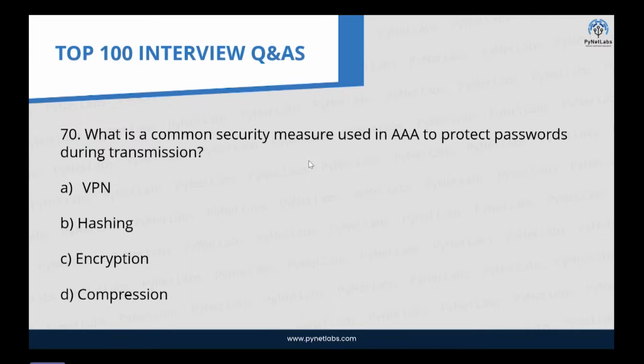By employing encryption, the organizations can ensure the confidentiality and integrity of the authentication credentials which are shared during the transmission, reducing the risk of unauthorized access. So marking option number C as the correct answer, encryption is the proper security measure used in AAA to protect the passwords during the transmission.